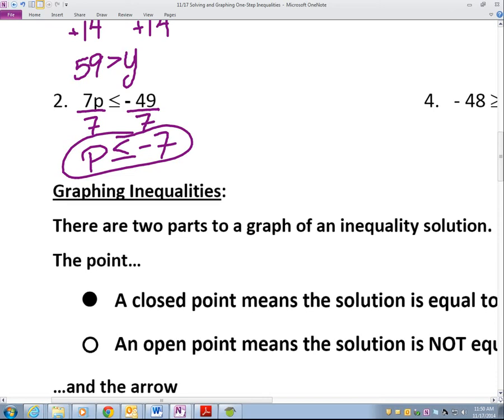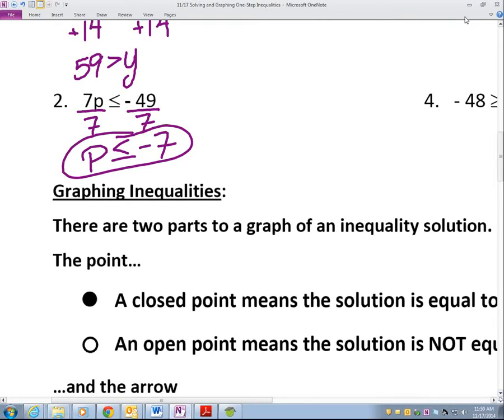Negative 7 over 49? If 49 was on the left side of the inequality, you're saying?